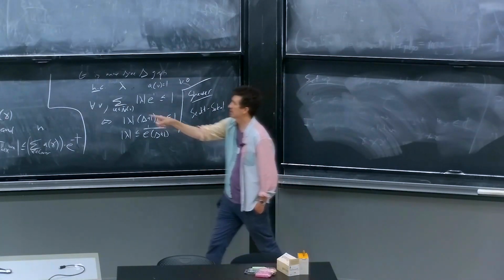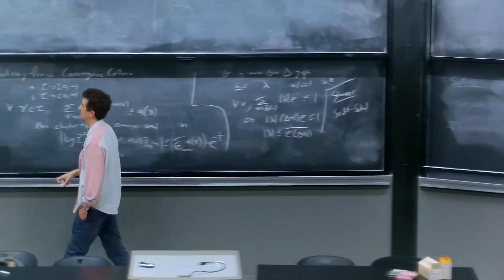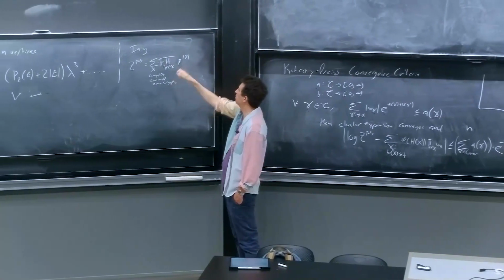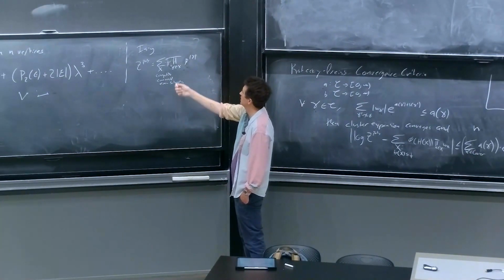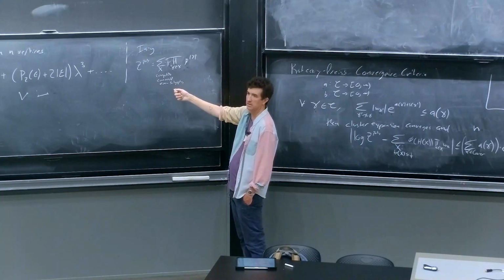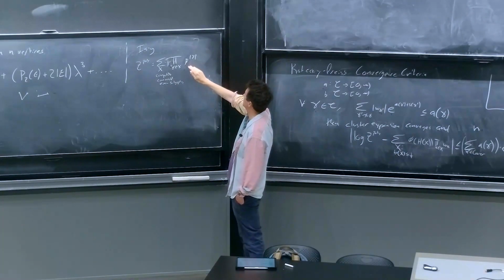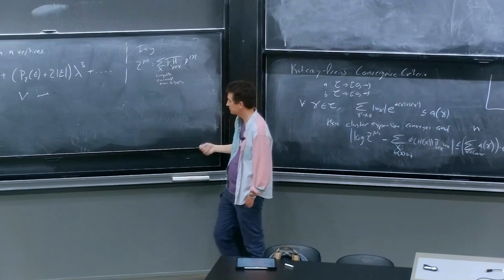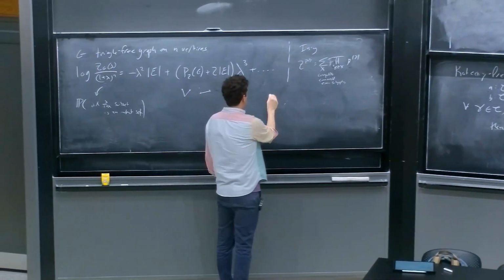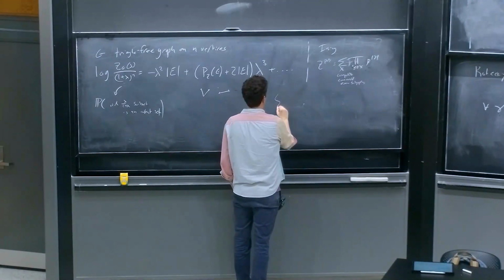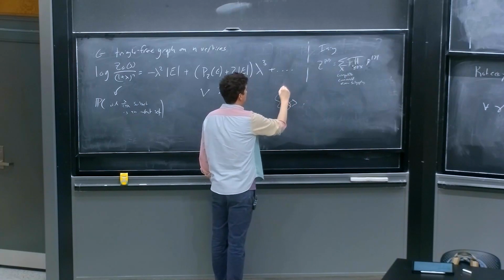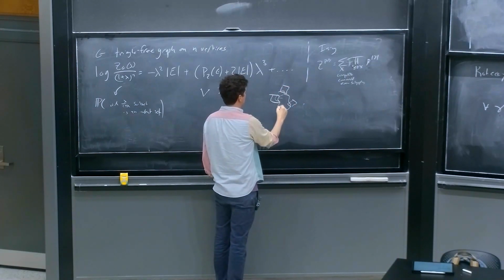Good. Let's quickly check the Kotecký-Preiss condition for our Ising model expansion. So I rewrote this. Remember what our expansion was. Polymers are connected even subgraphs. And the weight is beta to the number of edges. So what's the condition here? We have some even subgraph here, and we're going to sum over all the things that are incompatible with it, that are even subgraphs.